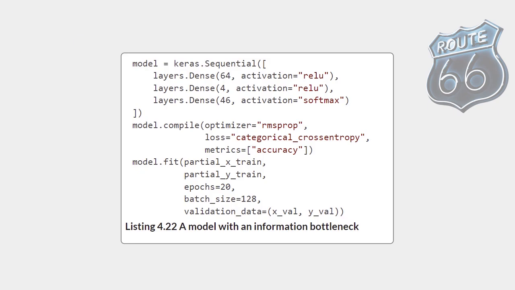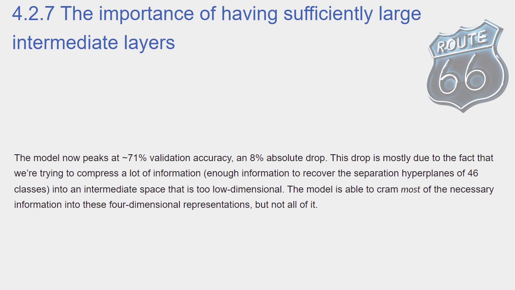Section 4.2.7. The importance of having sufficiently large intermediate layers. We mentioned earlier that because the final outputs are 46-dimensional, you should avoid intermediate layers with many fewer than 46 units. Now, let's see what happens when we introduce an information bottleneck by having intermediate layers that are significantly less than 46-dimensional. For example, 4-dimensional.